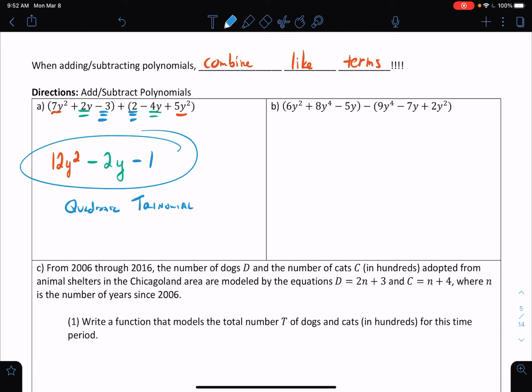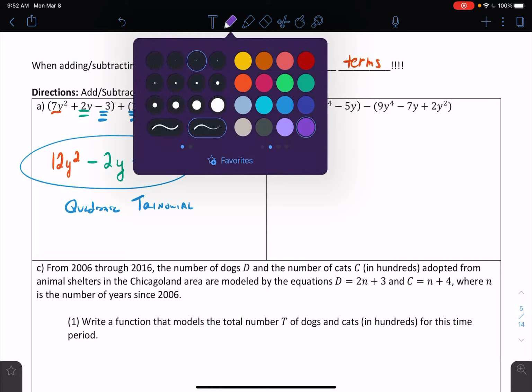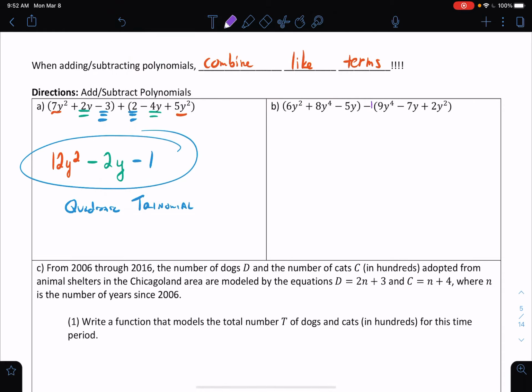Right? In B, we are subtracting a polynomial from another one. So what's the really important thing that I got to remember to do here is this is a minus 1 that I have to distribute across everything inside the parentheses because I'm subtracting that whole second quantity from the first one.